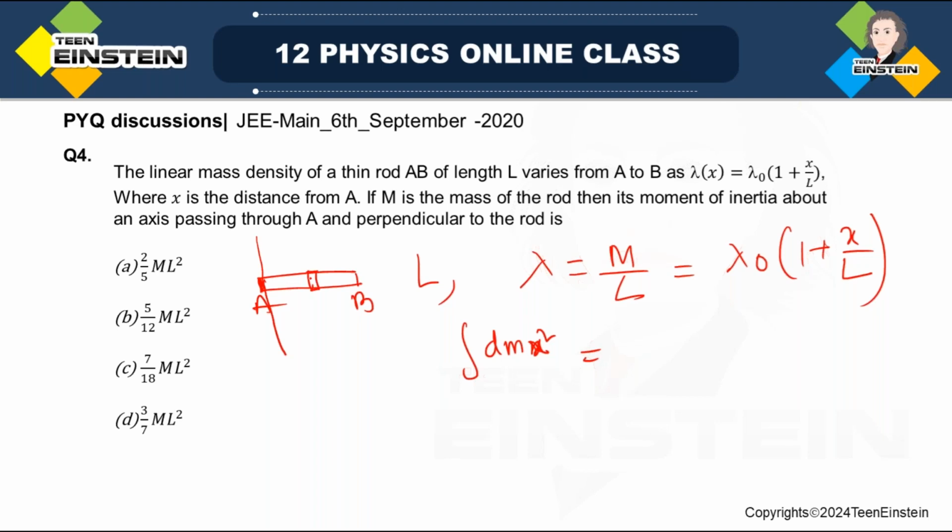If I consider a small element of thickness dx at a distance x, then I write the elemental moment of inertia dm into x square. Whole moment of inertia should be the integration of this.